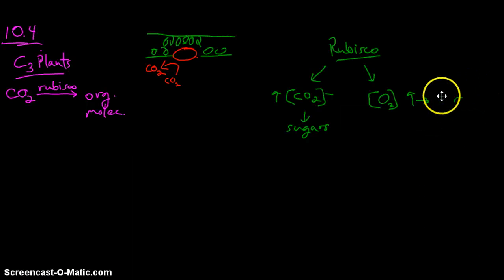Ooh, let me just clean that up a little bit. So it creates an intermediate compound that will eventually then be used to produce the CO2 needed to make sugars.